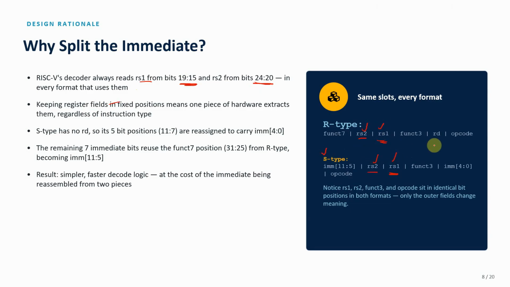That's the reason, whatever kind of instruction you use, your RS2 and RS1 positions are fixed. So that's the reason we split the 12-bit immediate value in the S type instructions into two particular fields.